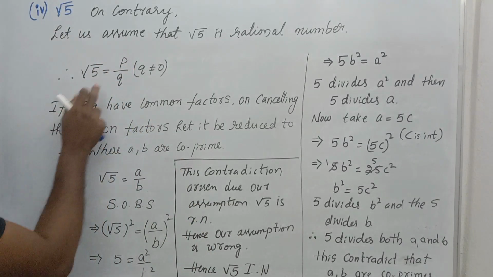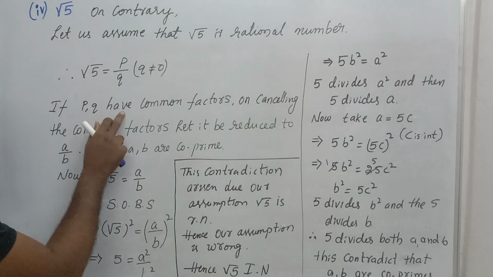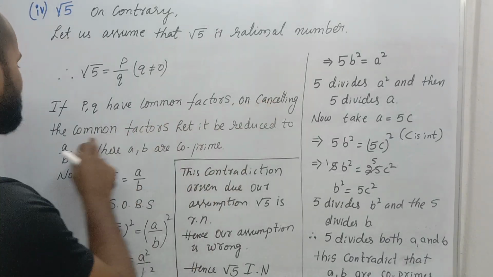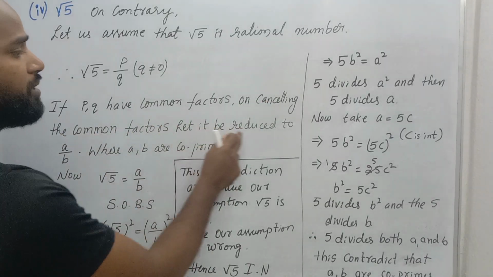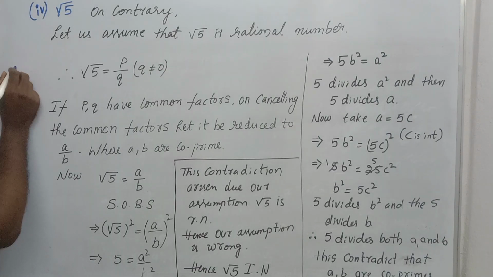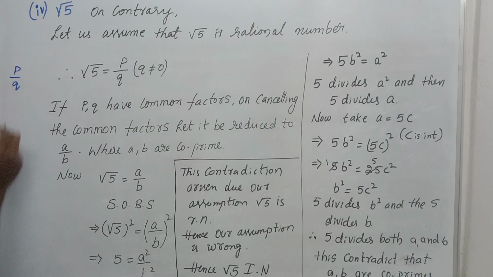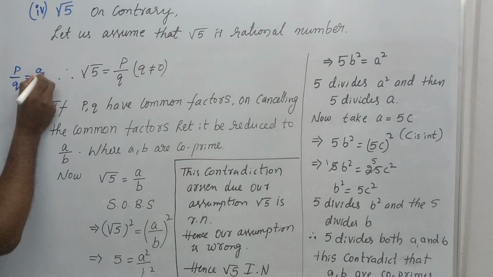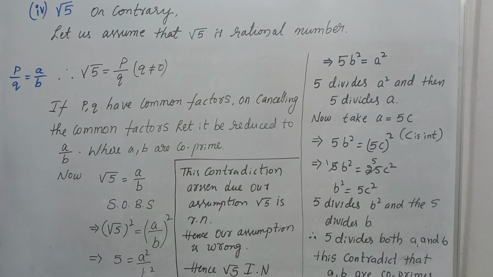If p and q have a common factor, on cancelling the common factor, let it be reduced to a by b. In a by b form, there is no chance to cancel anything here. So a and b are co-prime numbers. HCF must be 1.